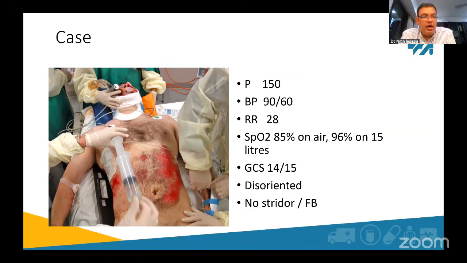For those who have spotted the oropharyngeal or Guedel airway, it tells you that the patient is obtunded, GCS probably less than 8. You can only insert the Guedel airway if the GCS is less than 8. Otherwise, they would have an intact gag and you may initiate vomiting. Similarly, other team members are doing their various bits.